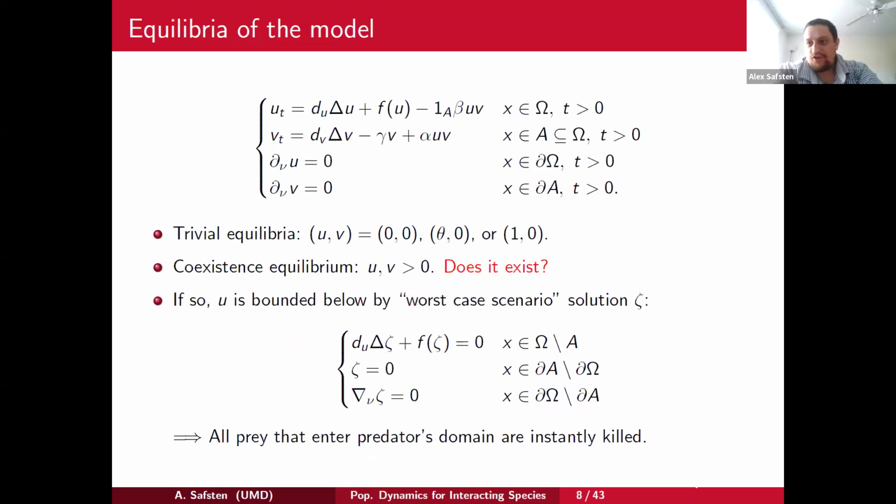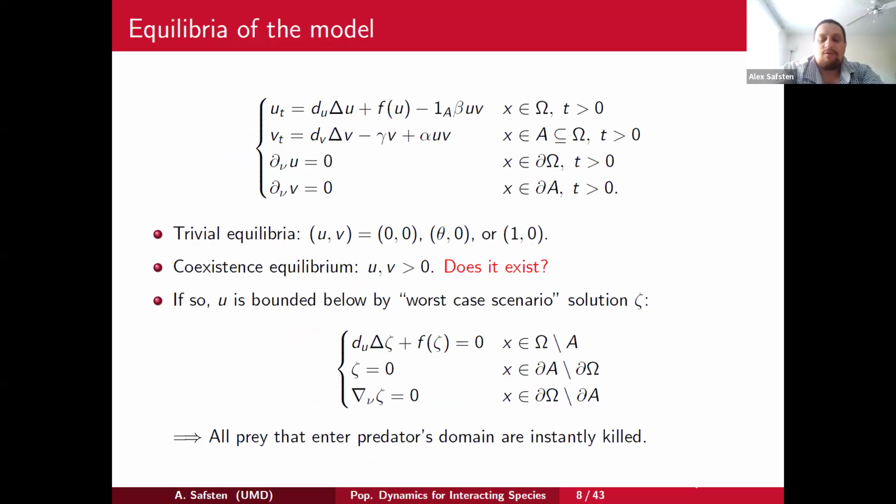Okay, so maybe the first question we should ask ourselves is, are there equilibria to this model? And I've reproduced the model here at the top. Of course, there are some trivial equilibria. We can have (u,v) equals (0,0), so that's no predators, no prey, nothing interesting going on.